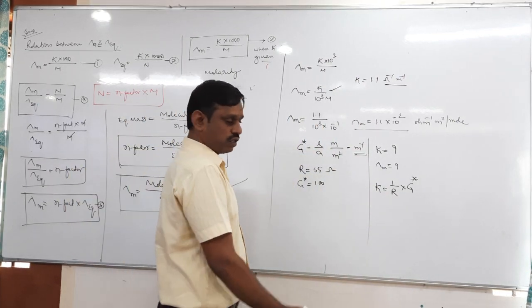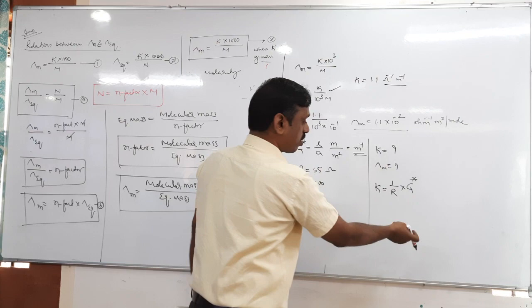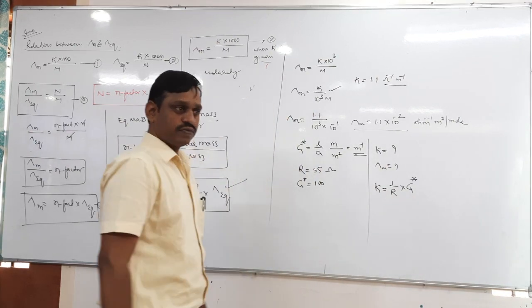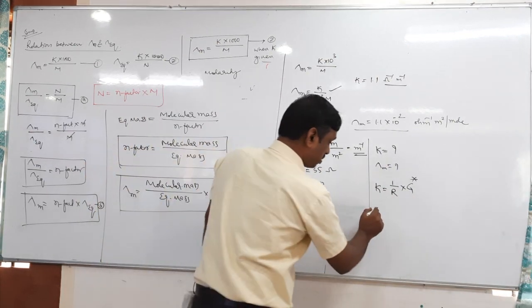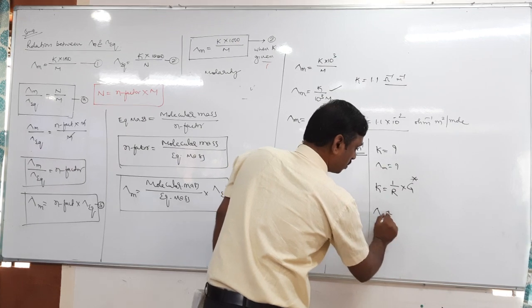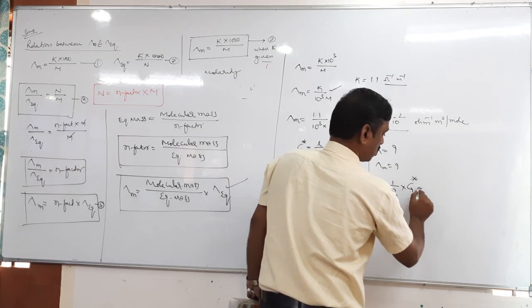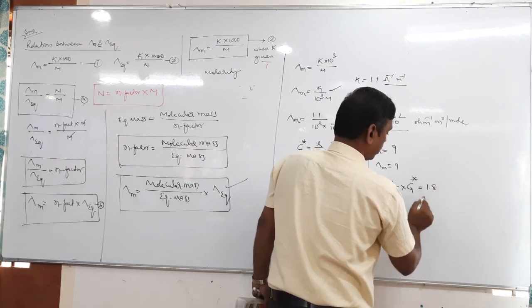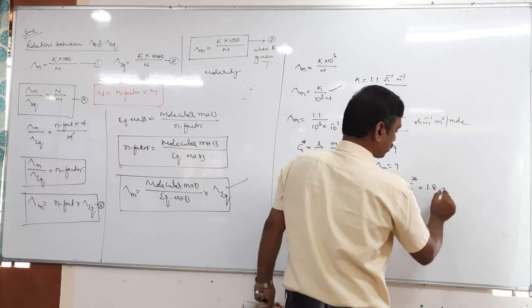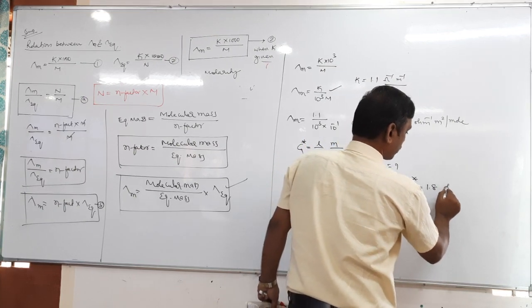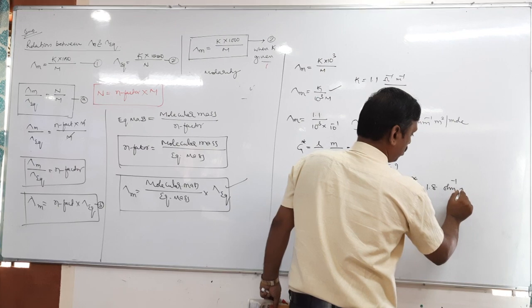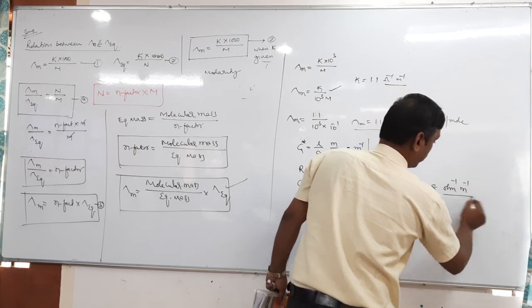So 1 by R given, G star given, we get the K value, which is 1.8 ohm inverse meter inverse, the SI unit.